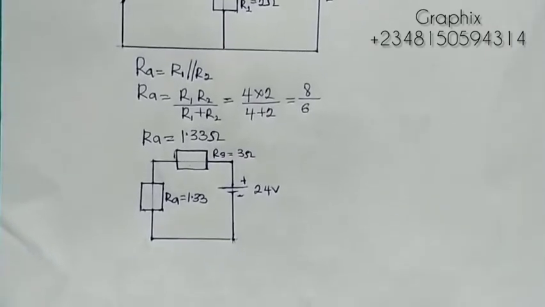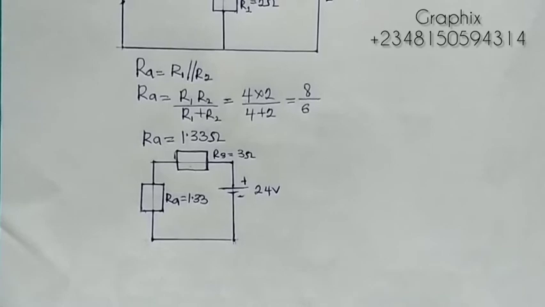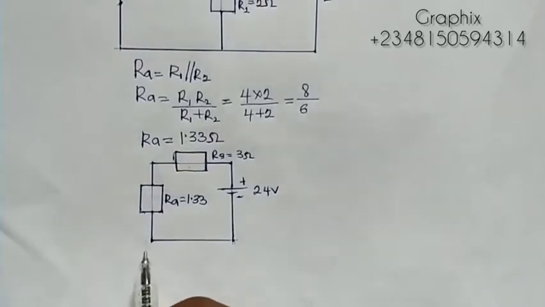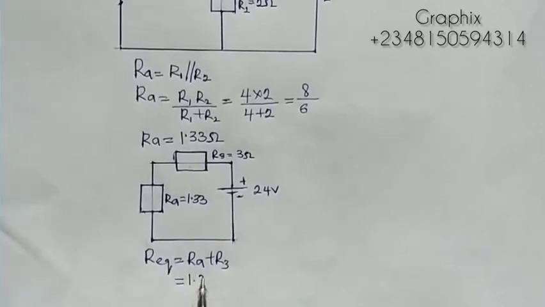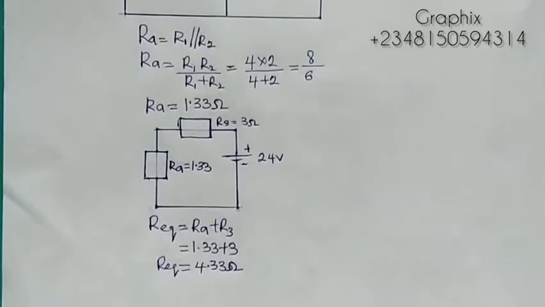So when you solve that, we'll be having our R equivalent to be equals to RA plus R3, and this will give me 1.33 plus 3. So that will be 4.33 ohms. That's my R equivalent. So that's our equivalent here.